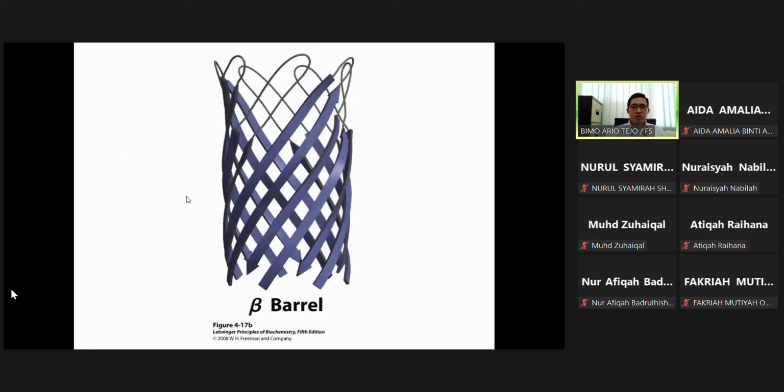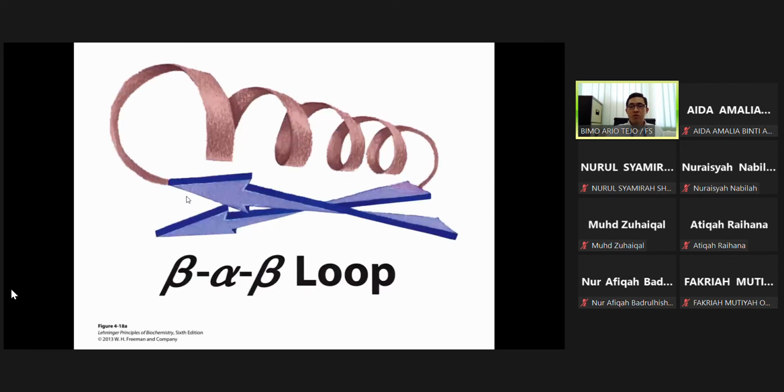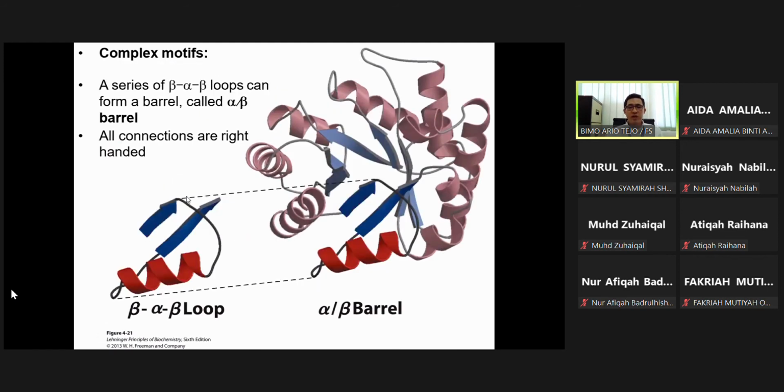So for example, this one, semua beta. So kita panggil this motif as beta barrel. Certain proteins, they have this motif. We call it as beta barrel. Or this, beta alpha beta loop. This is motif as well. Or complex motif. Beta alpha beta loop or alpha beta barrel.